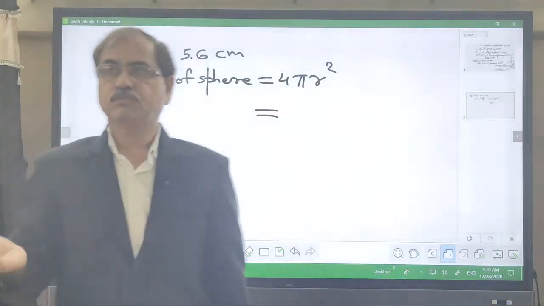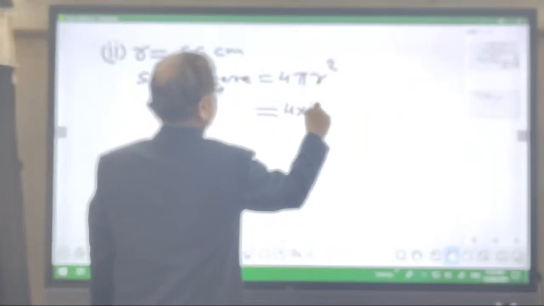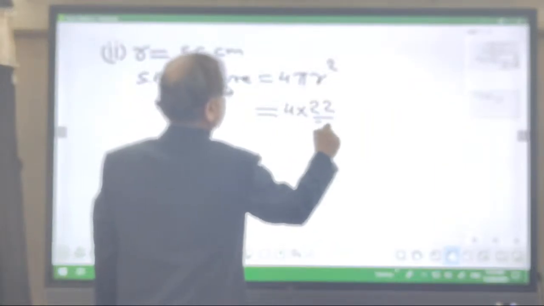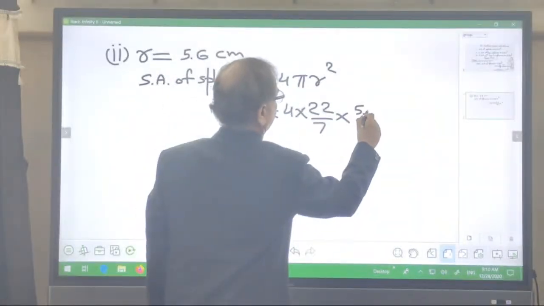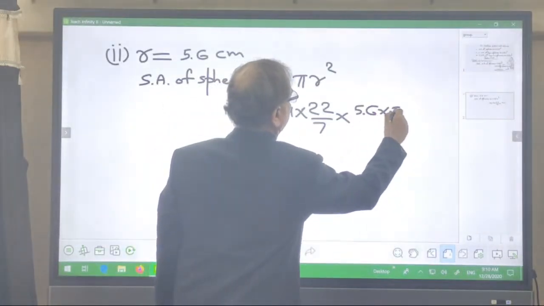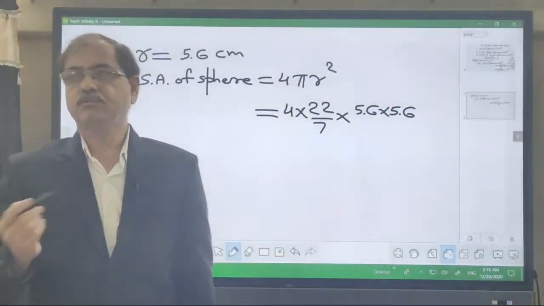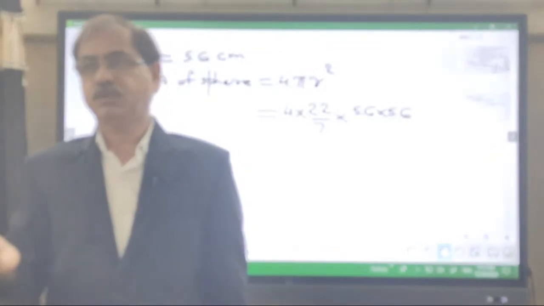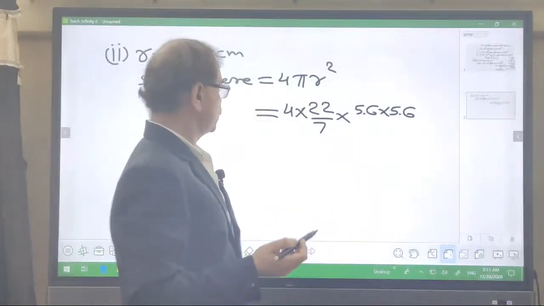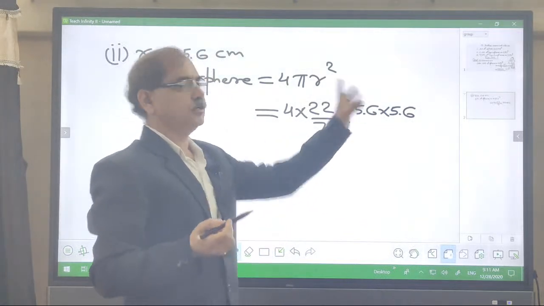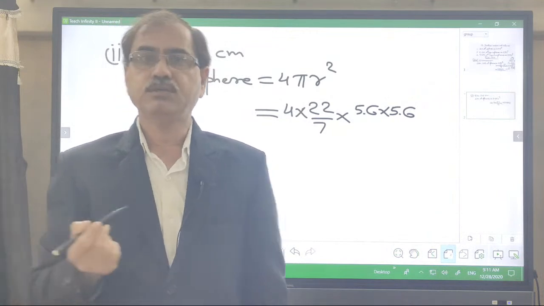Then we substitute the values. Values are 4 multiplied by 22 upon 7 multiplied by radius. Radius is 5.6 multiplied by 5.6. Then in the table of 7, 56 comes. 7 eights are 56. We are able to reduce by 7. So 7 ones are 7, and here it will be 0.8.